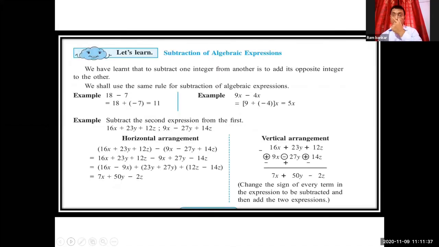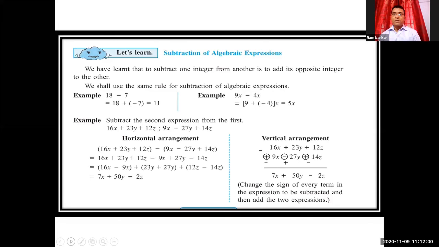Now students, we have done addition. Our next topic is subtraction. As we do addition, in the same way we have to do subtraction also. Only signs are different.